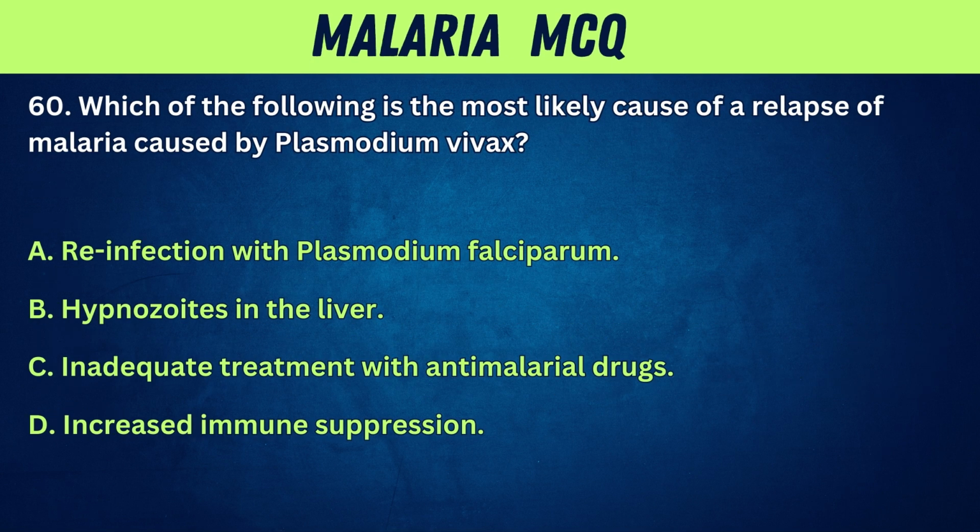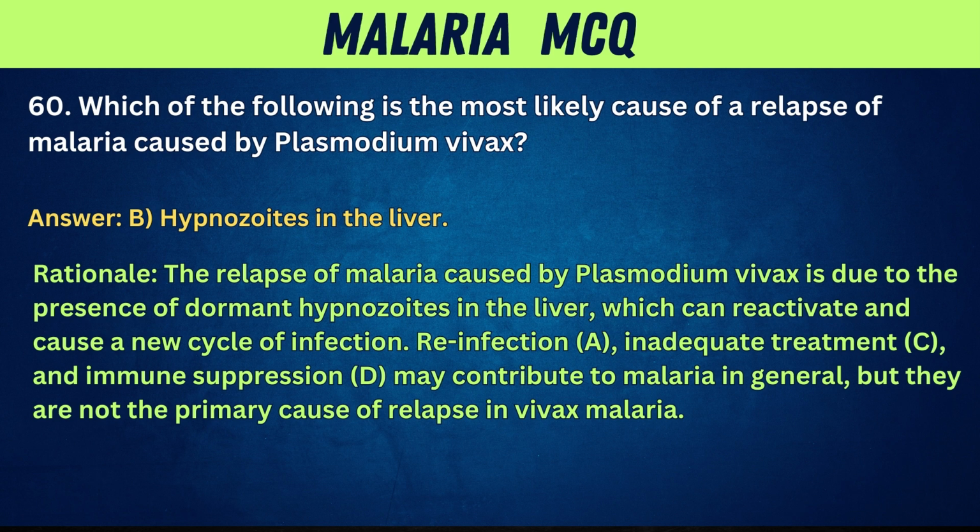60. Which of the following is the most likely cause of a relapse of malaria caused by Plasmodium vivax? A. Reinfection with Plasmodium falciparum. B. Hypnozoites in the liver. C. Inadequate treatment with antimalarial drugs. D. Increased immune suppression. Answer: B. Hypnozoites in the liver.